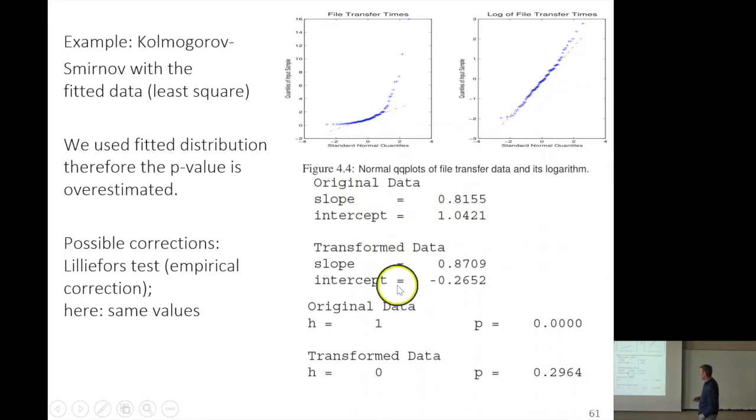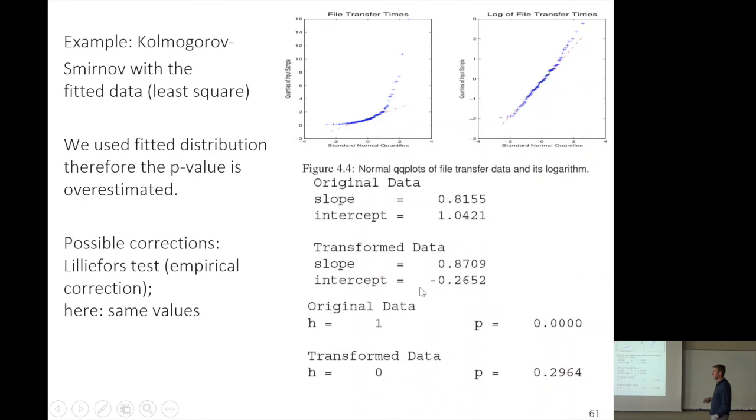Then for the diagram on the left, we obtain a p-value which is declared as 0. In fact, it's very, very small. And on the right, we obtain a value which is 0.29, which is not small. So on the left, we will reject H0. We'll say it is not Gaussian, which is not very helpful. That was obvious from the beginning. And on the right, we will say, yes, it is Gaussian.